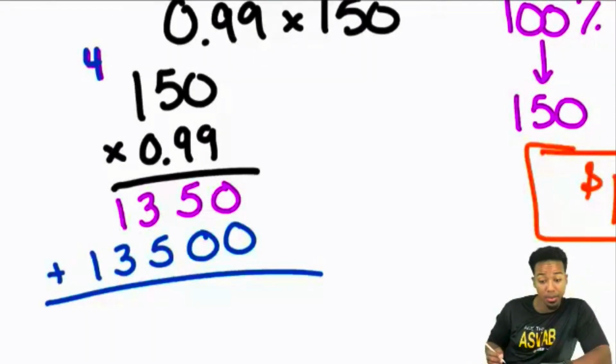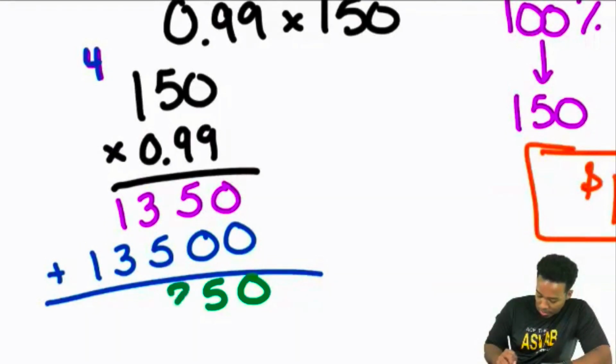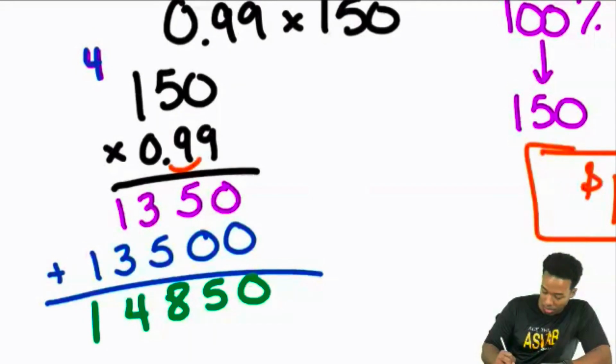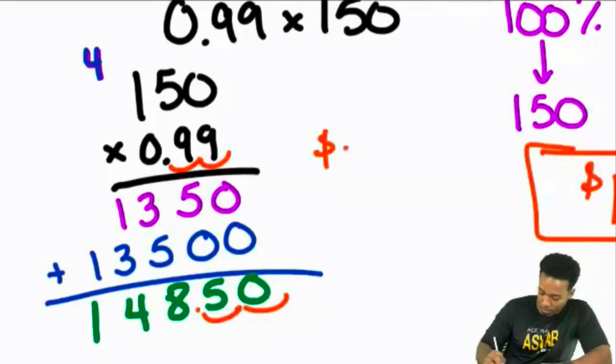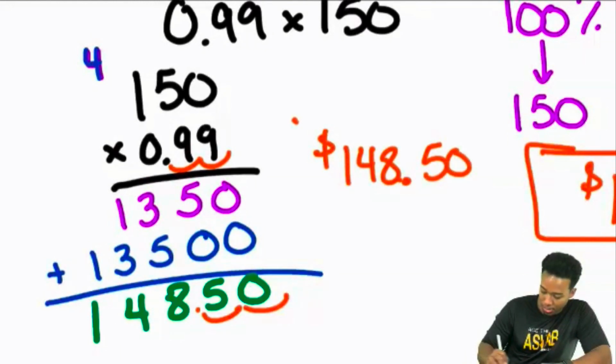Add it all together, and we'll receive 0, 5, 8, 4, 1. Then we'll take 1 decimal place, 2 decimal places, 1 decimal place, 2 decimal places. Our answer is $148.50.